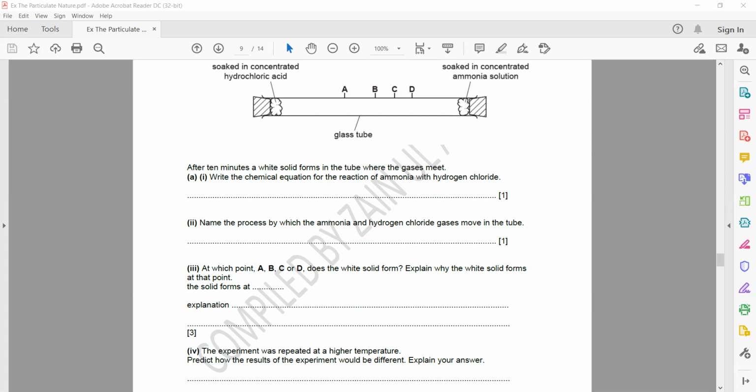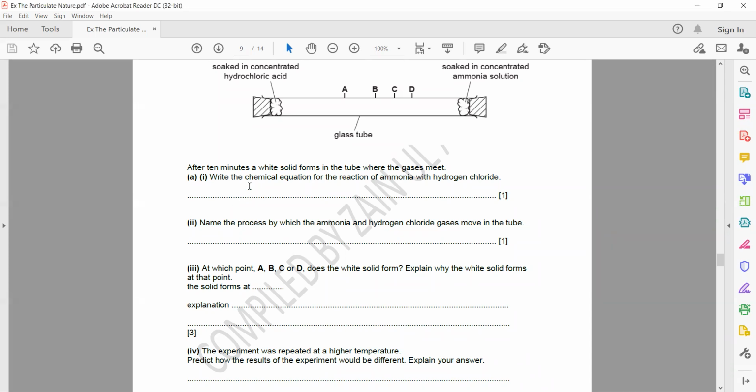And the third mark: we are increasing the temperature of the tube, so basically for both ammonia and HCl. The solid will form in a shorter time, because the particles have more energy and they will move or diffuse faster.